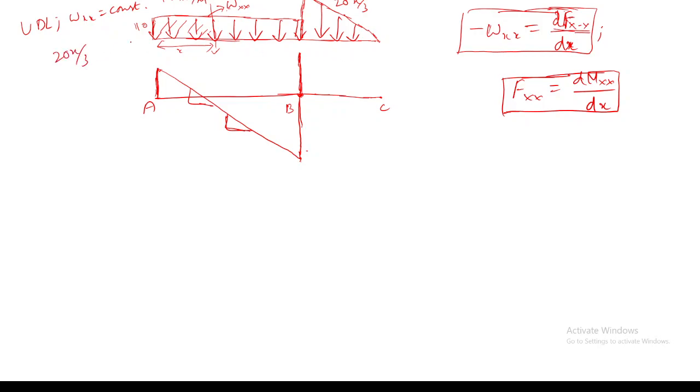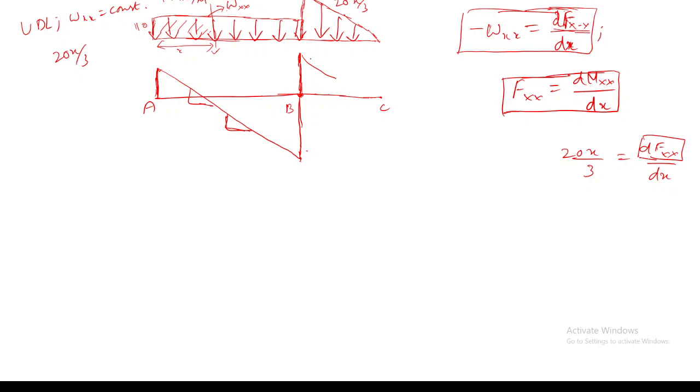When you integrate this, 20x by 3 is the Wxx part, which equals dFxx divided by dx. If you want to calculate the Fx, it will be a reducing curve, or a parabola.